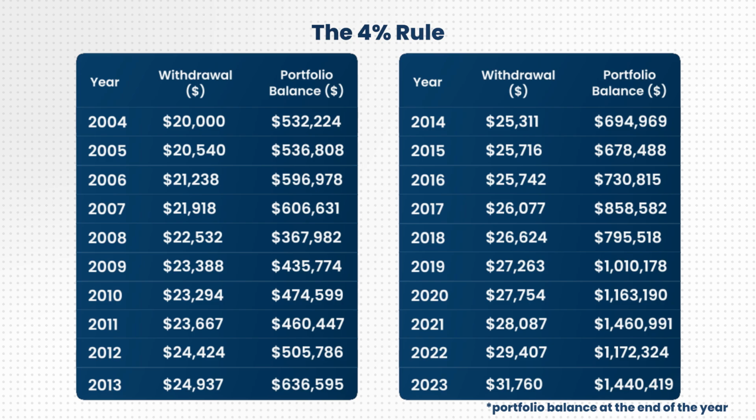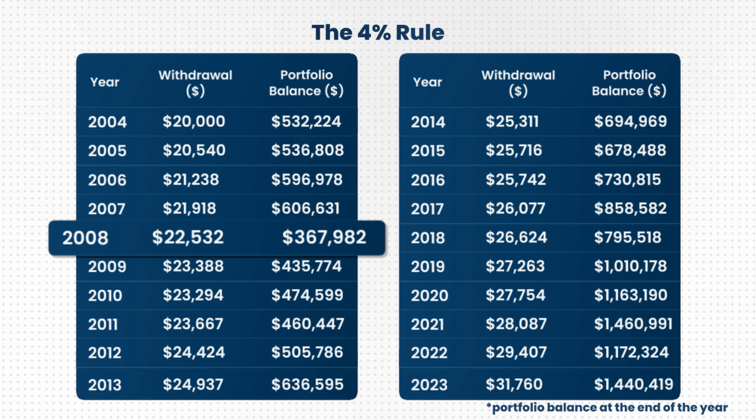So let's get rid of these very clean academic examples and instead base it off the past 20 years and how the S&P actually performed and what inflation actually looked like over those years. Again, let's start with the 4% rule. Using actual inflation rates and the actual S&P performance, at the 5-year mark, our individual would be withdrawing about $22,500, and their portfolio would be worth nearly $370,000.